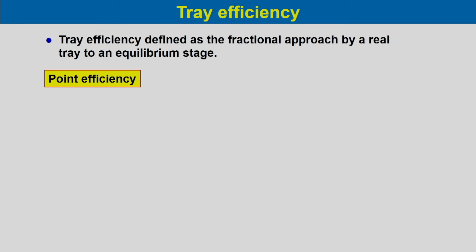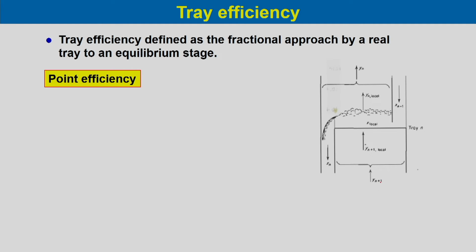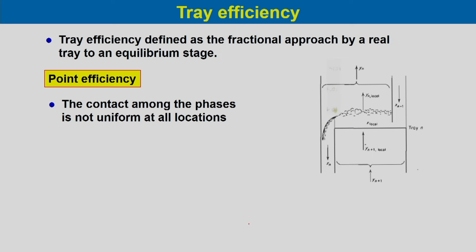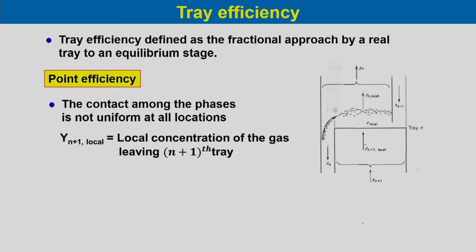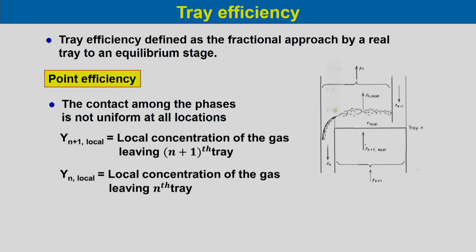One is point efficiency. You can see in this case the contact among the phases is not uniform at all locations, so the point efficiency will vary. Yn plus 1 local is the local concentration of the gas leaving the n plus 1th tray, and Yn local is the local concentration of the gas leaving the nth tray.